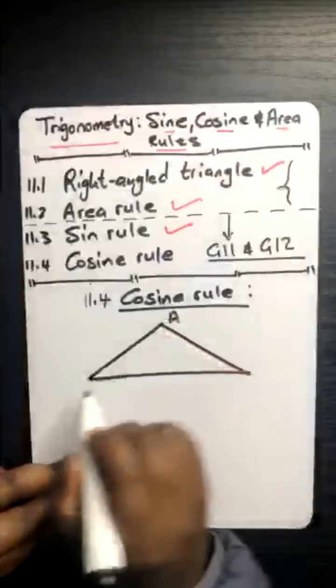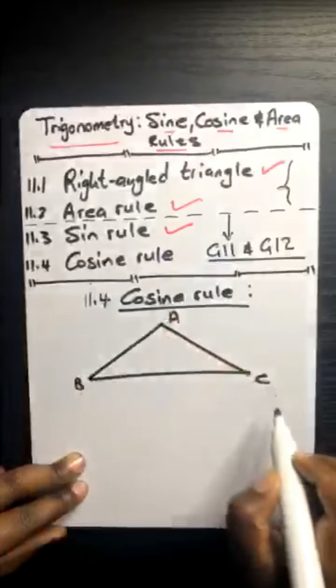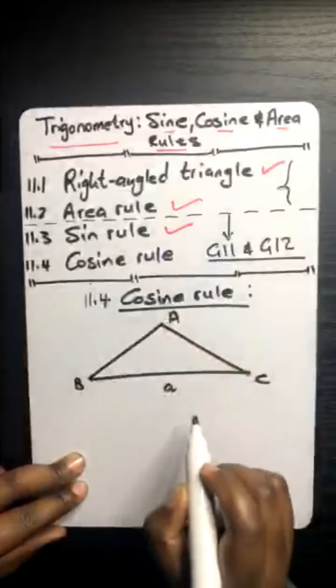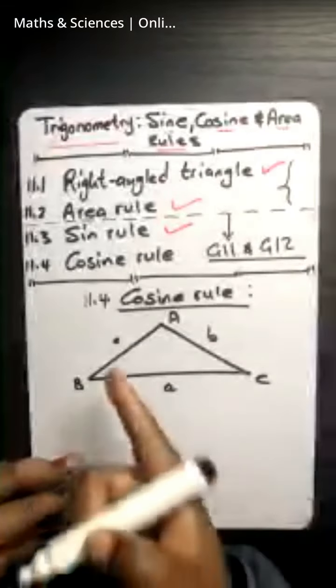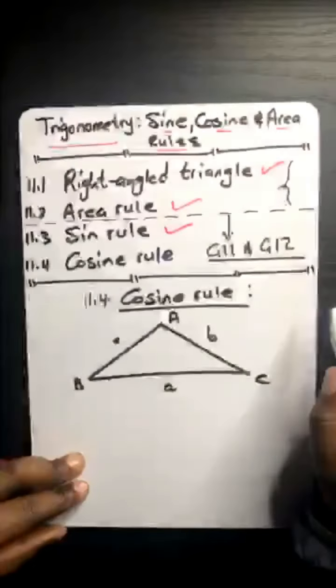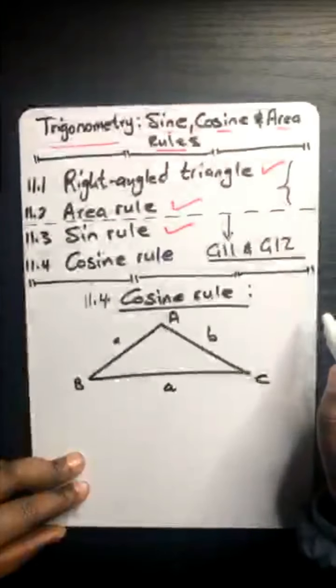Let's say, for example, we still have A, B, C. This side is going to be smaller a, that is going to be smaller b, smaller c. The cosine rule. What is the cosine rule saying?